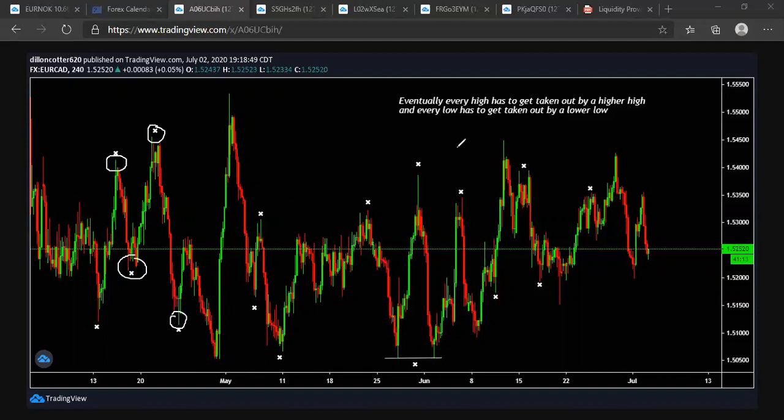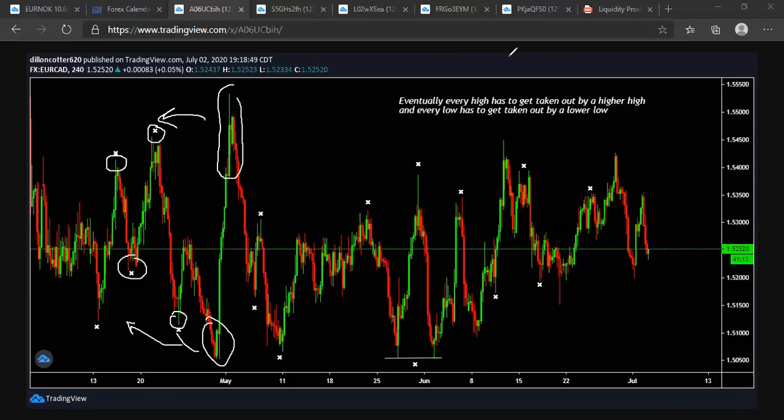Like I say in previous videos, the bank's objective is to sell higher than everyone else and buy lower than everyone else. Understanding that will help you understand when manipulation comes into the market above a certain high or below certain lows.